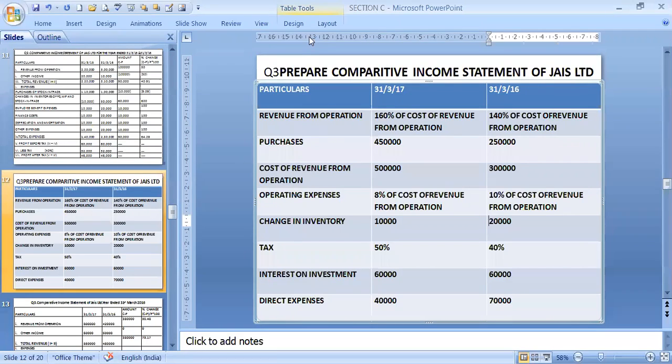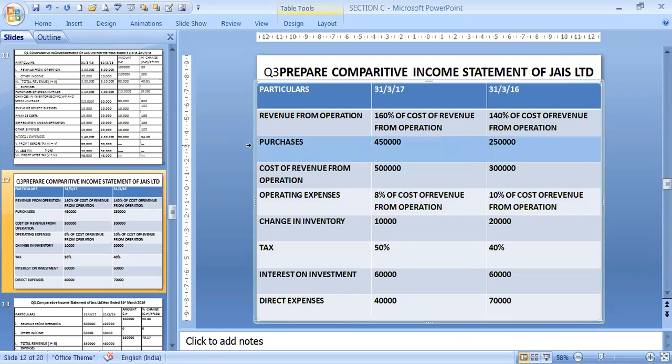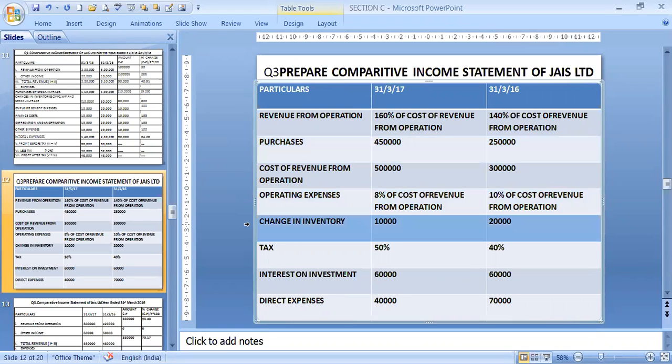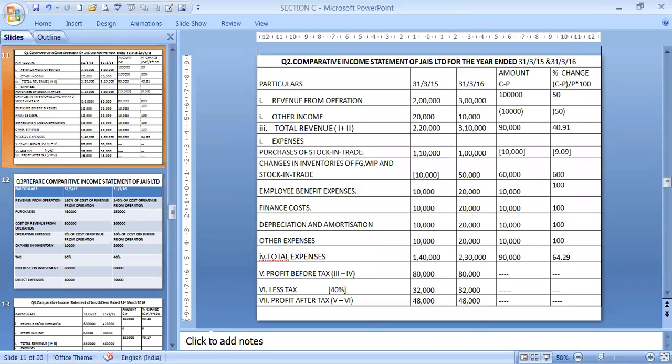Notice, students, we have over here also purchase, cost of revenue from operation, and operating expenses. Actually, cost of revenue from operation is purchase plus changes in inventory plus operating expenses. Three things. Cost of revenue from operation means these three things.